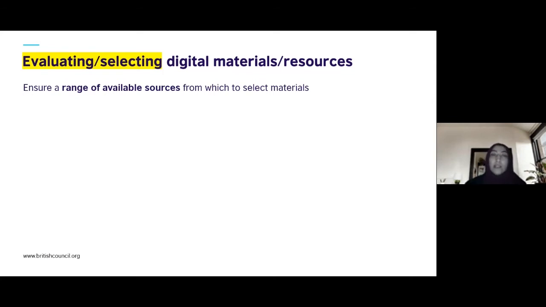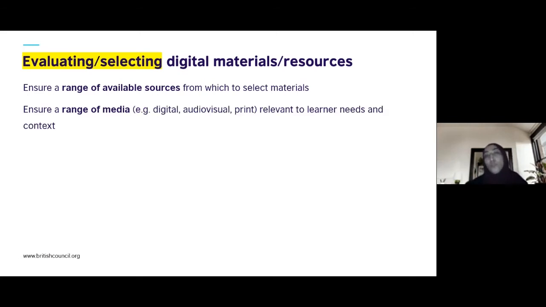So while selecting the digital resources, while you're doing your online shopping for free, make sure you have a decent range of available sources. Don't stick to one source because you think it's credible and trustworthy, that's fine. But also make sure you look at other sources. Make sure when you're doing your online shopping for digital materials, you have a range of media.